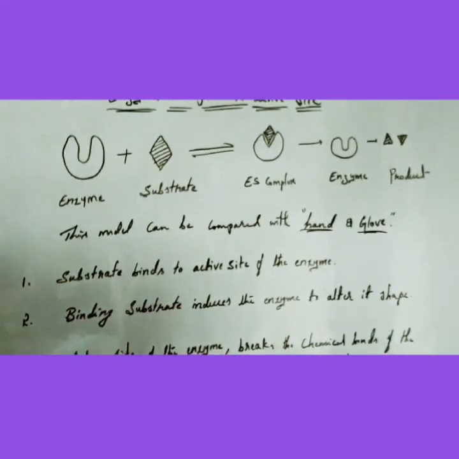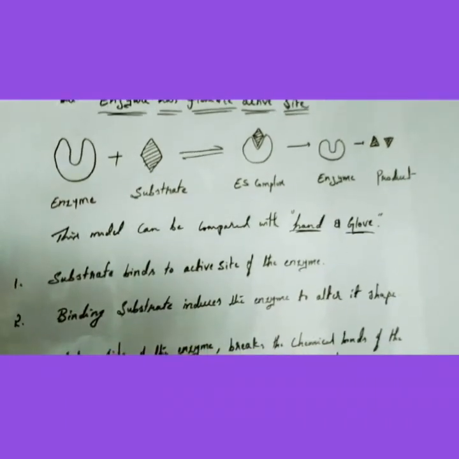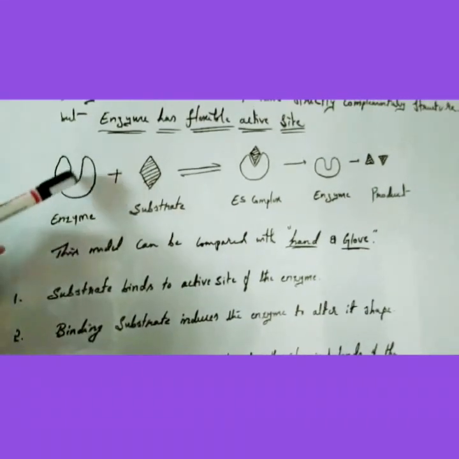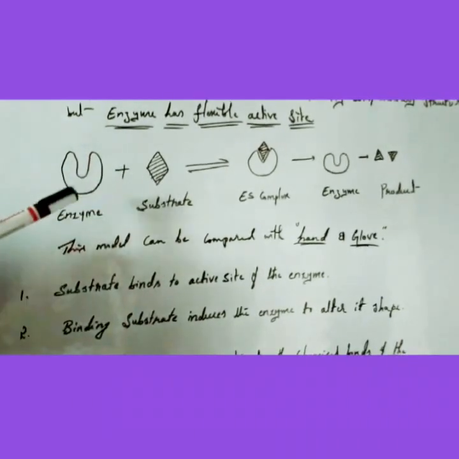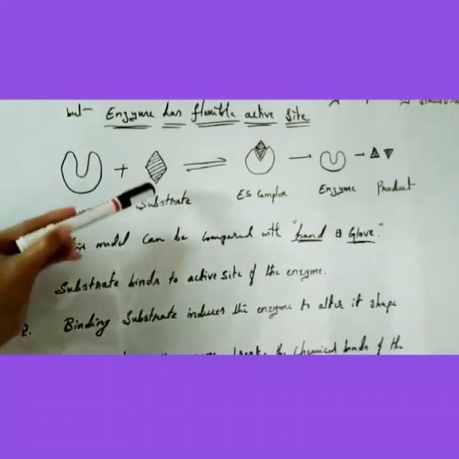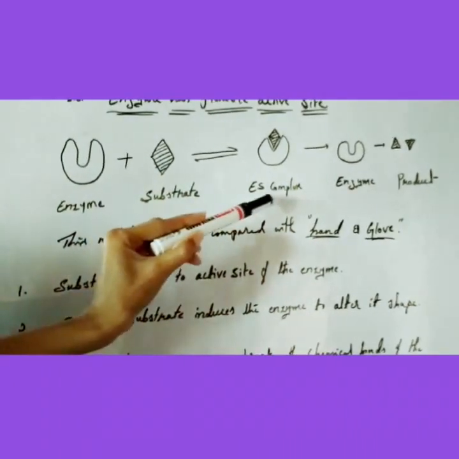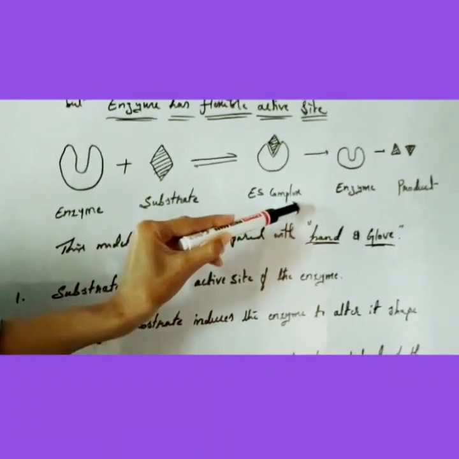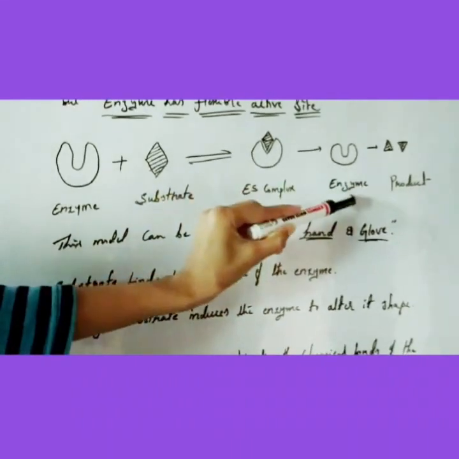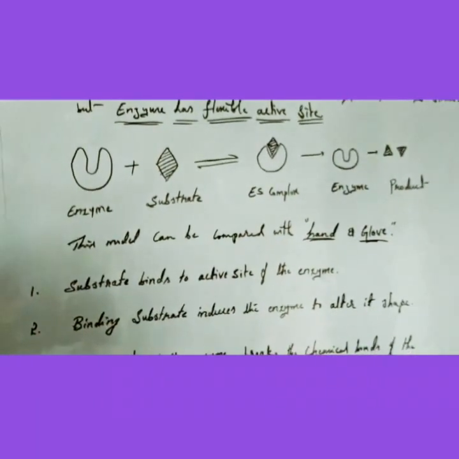The conformational changes in the enzyme are induced by the substrate. The active site can be molded by the substrate, forming the enzyme substrate complex. Then it releases the enzyme and its products.